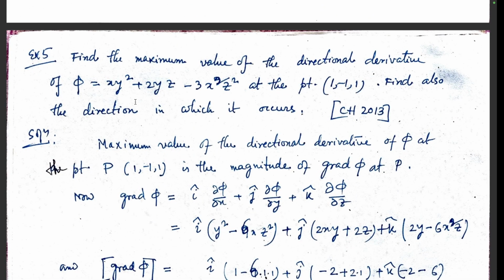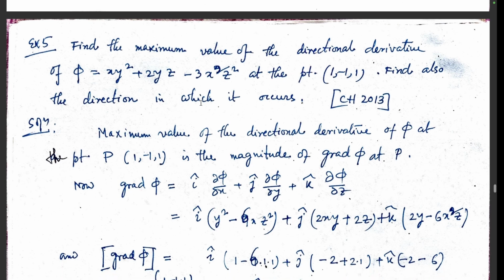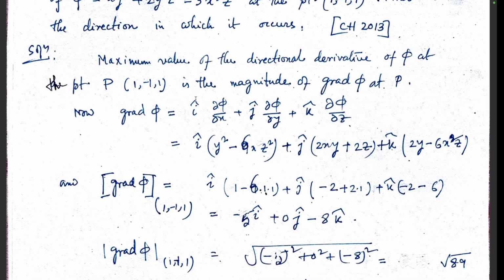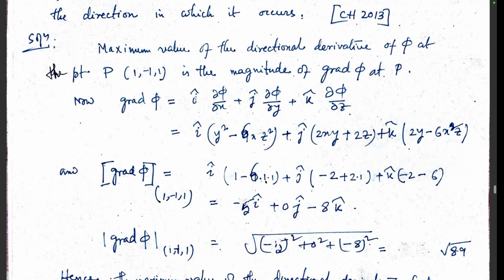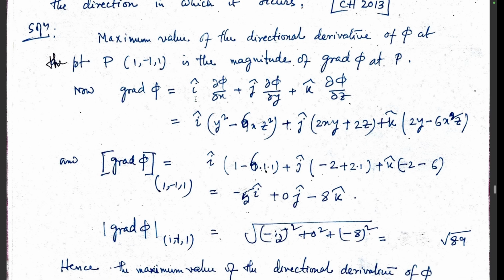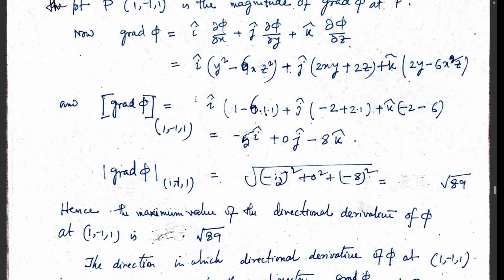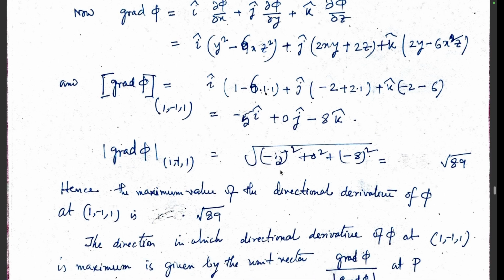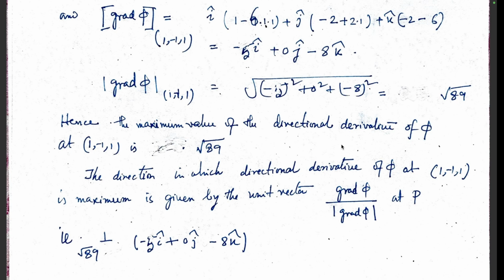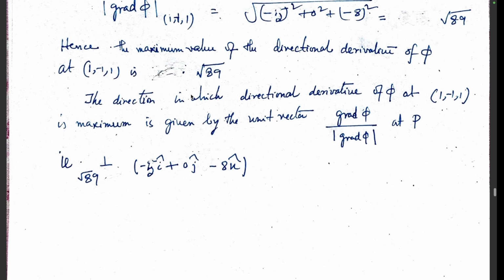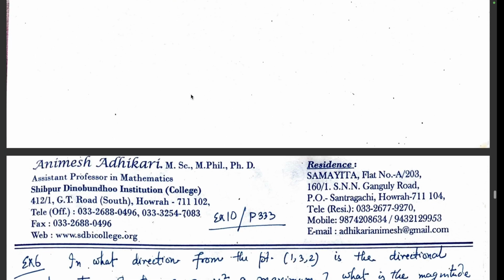But the maximum value of the directional derivative of phi occurs along grad phi; the modulus of grad phi at this point is the maximum value of the directional derivative of phi at (1, -1), which is root 89.